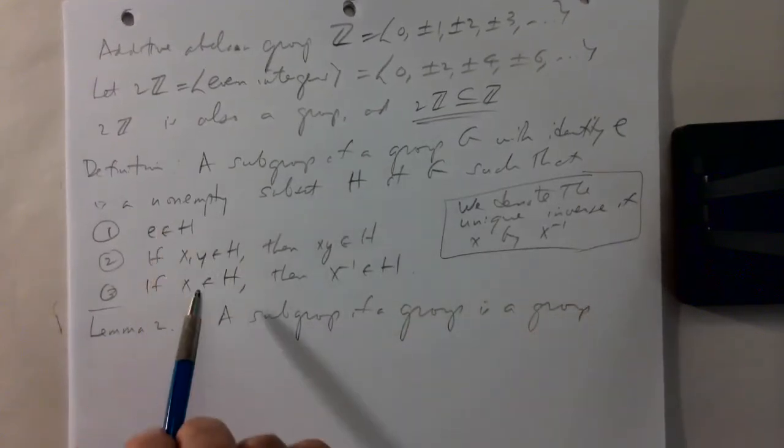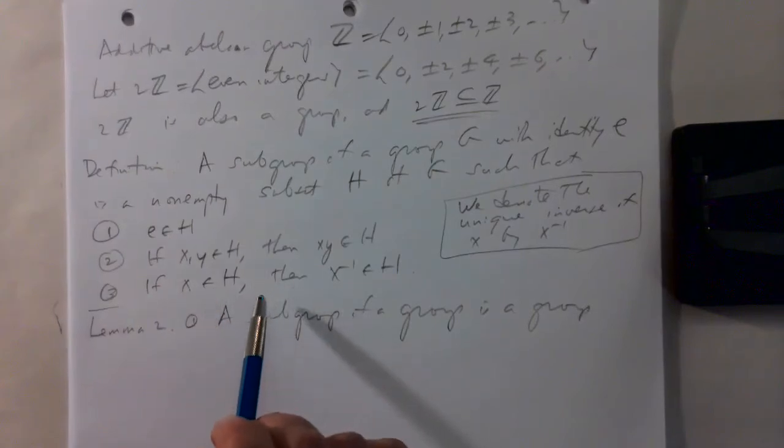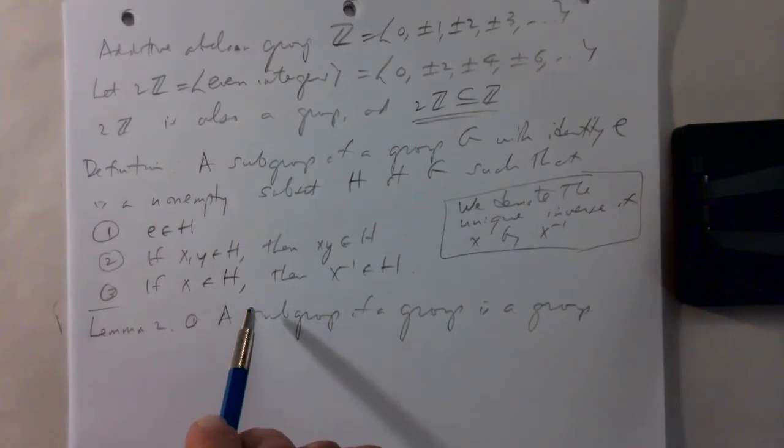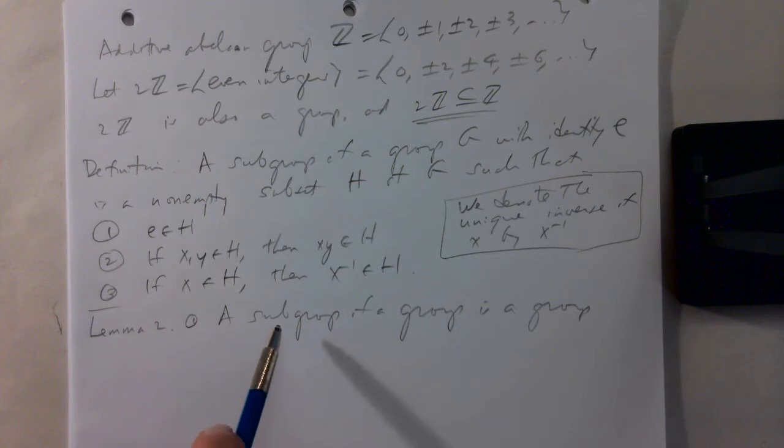Well, it contains an identity. It's closed under multiplication. It has an inverse. The only thing you need to check is that the multiplication is associative. And multiplication in G is associative, and that property carries over to the subgroup.